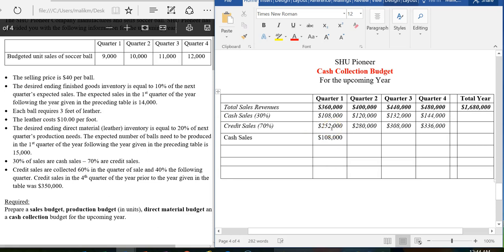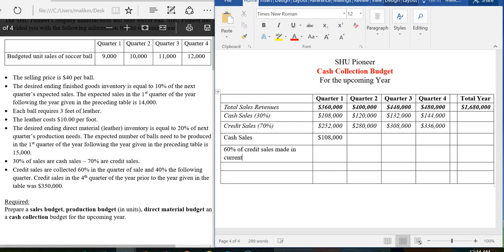That means we will collect 60% of $252,000 in Q1, and the rest will be collected in Q2. So now we're gonna do it this way. Let's write the table. 60% of credit sales made in current quarter.